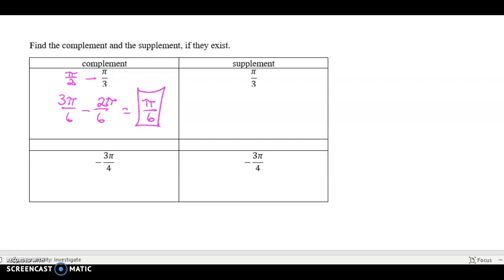The supplement, we would need to take 180 minus our angle. Well, you know 180 in radians is pi. So we're going to take pi minus our angle.